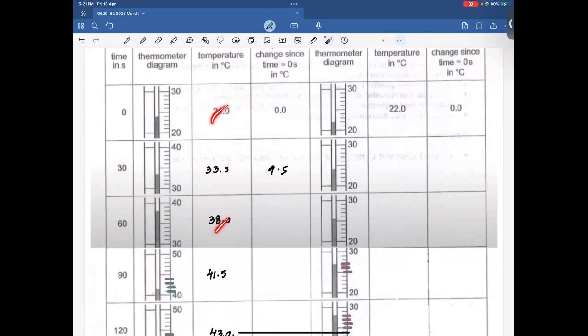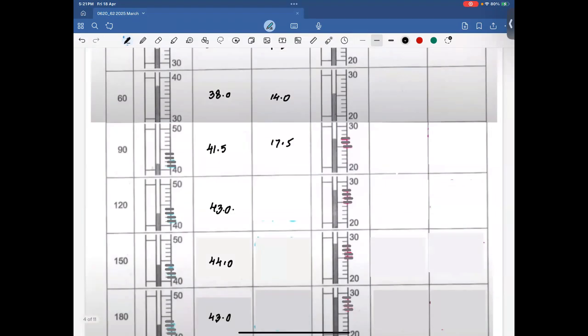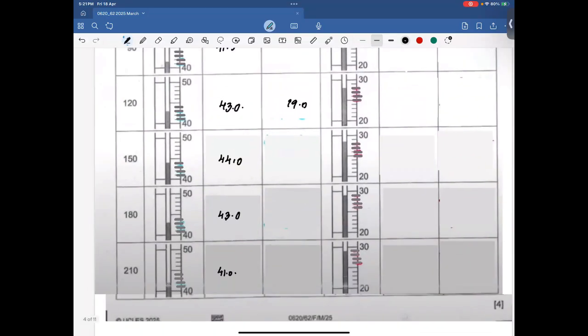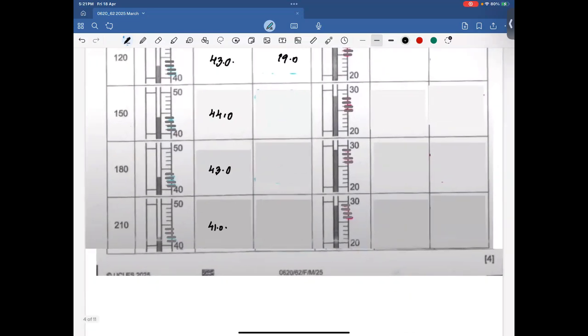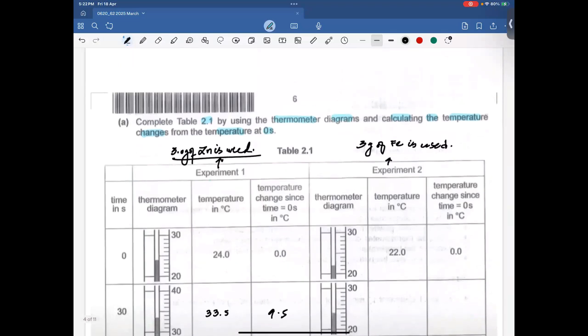When we subtract these two values, I'm going to get 14.0, then 17.5, then 19.0, then 20.0, then 19.0 because we are subtracting from 24, and then 18.0. Okay. So this is for the zinc one.